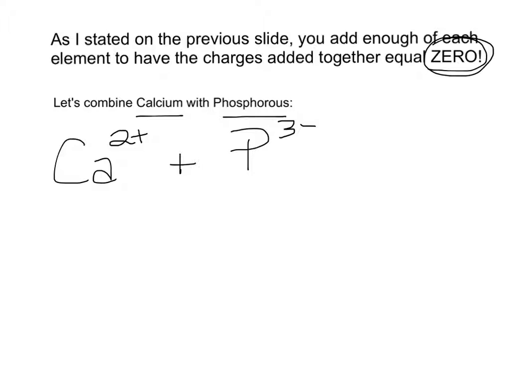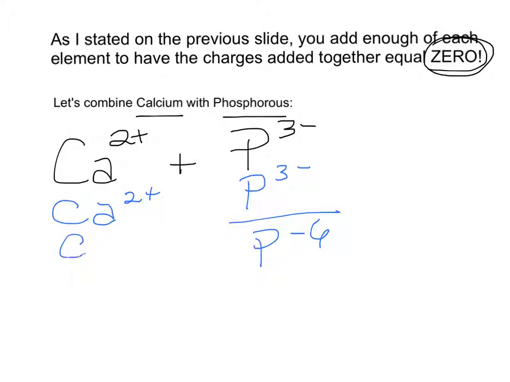Now, just like we talked about a minute ago, I can figure out how many calciums I need to add to make this up. Well, if I have 2 phosphoruses, that's going to come up with a -6 charge. And if I have 3 calciums, that's going to come up with a 6+ charge.